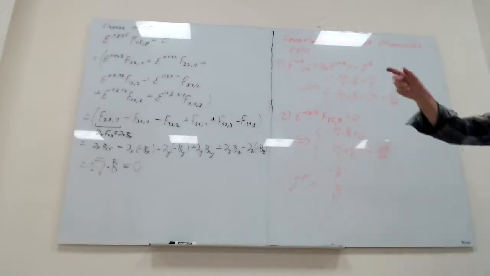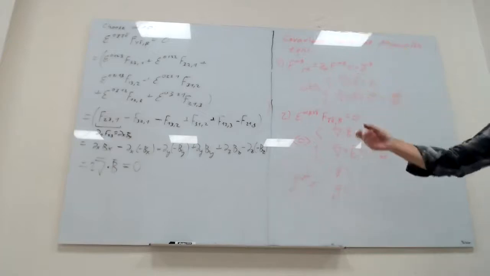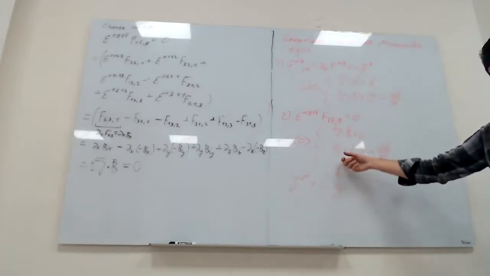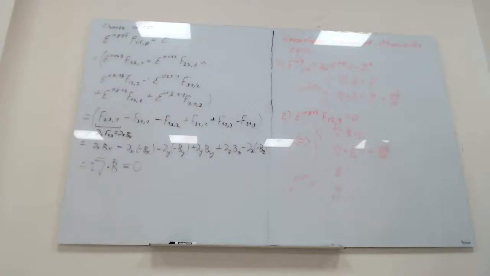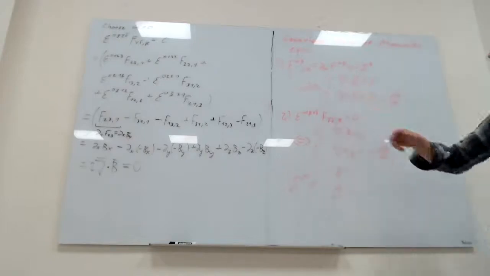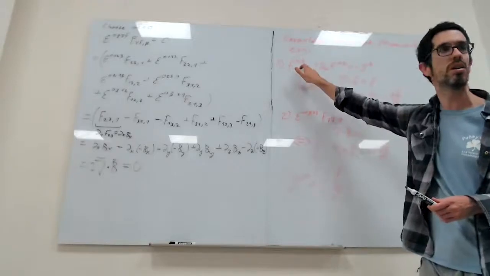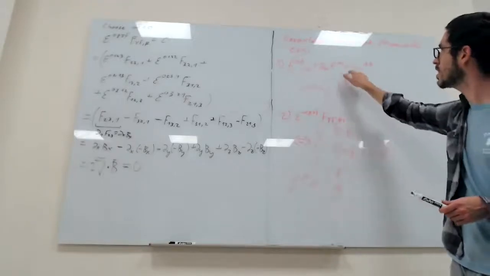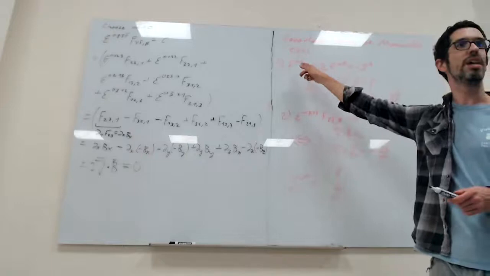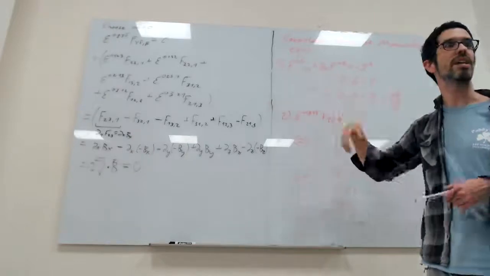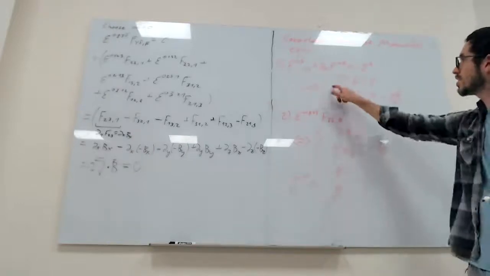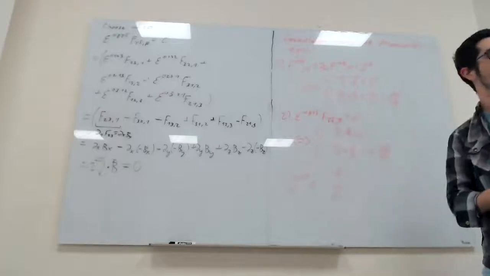If you choose alpha equals 1, for example, you get the x component of this equation. And if you choose alpha equals 0, you get the first equation. If you choose beta equals ijk, you get the ijk components of this equation. Okay.